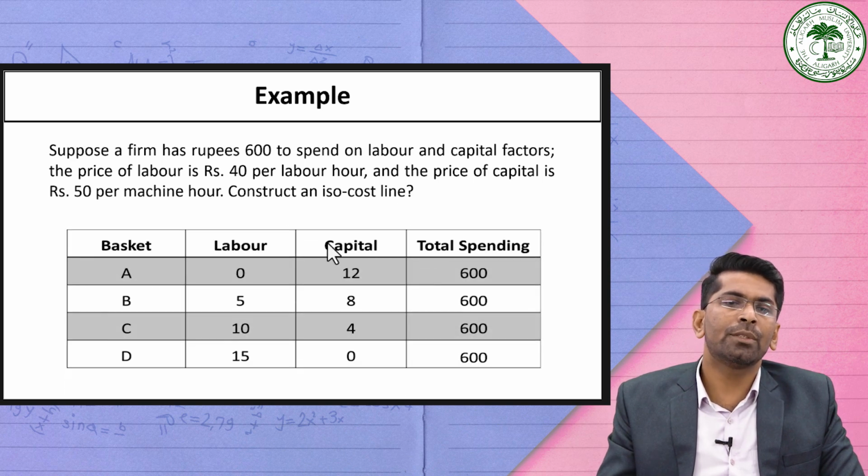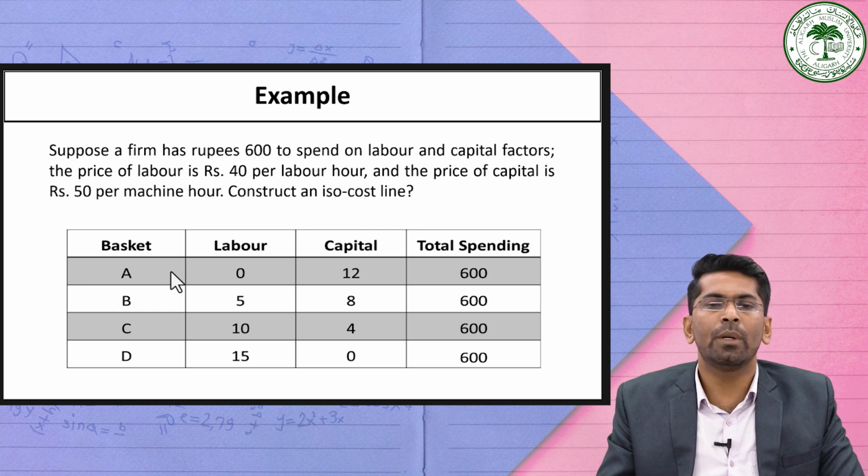I am establishing here an input-output table by using this given information. See, his entire income outlay is equal to 600. So by using the prices of the various factors, he can purchase 12 units of capital, but at the same time he is unable to purchase labor with his given 600 rupees.